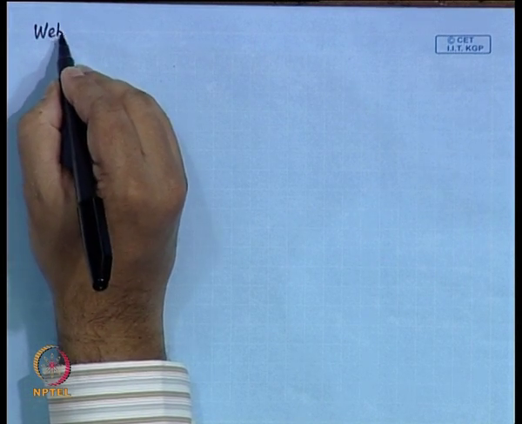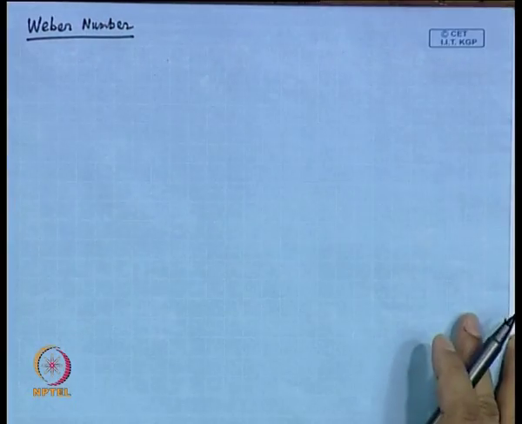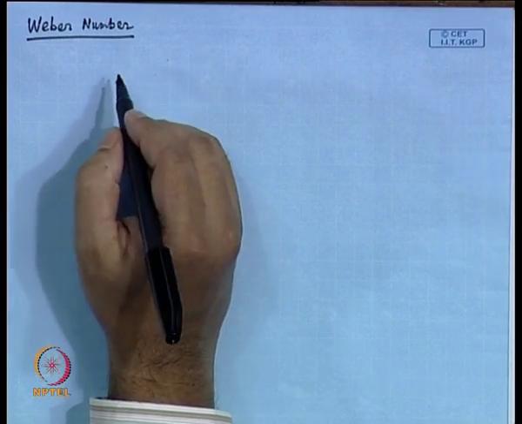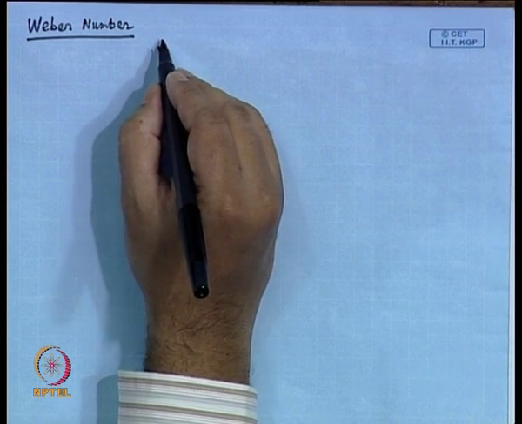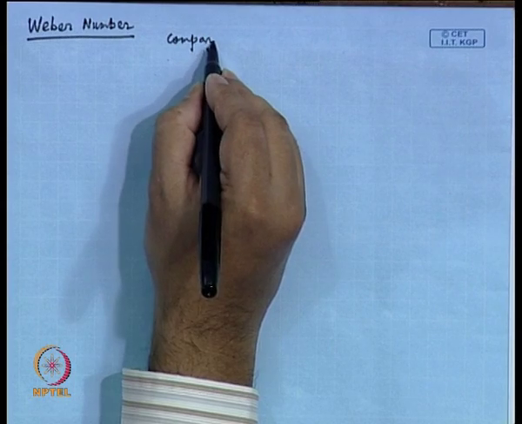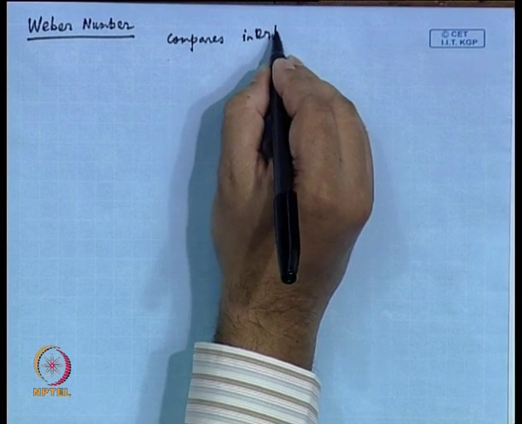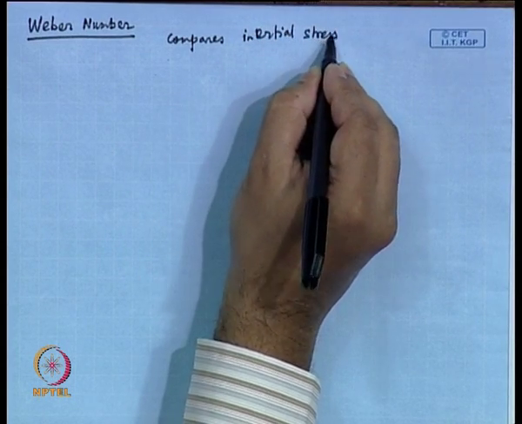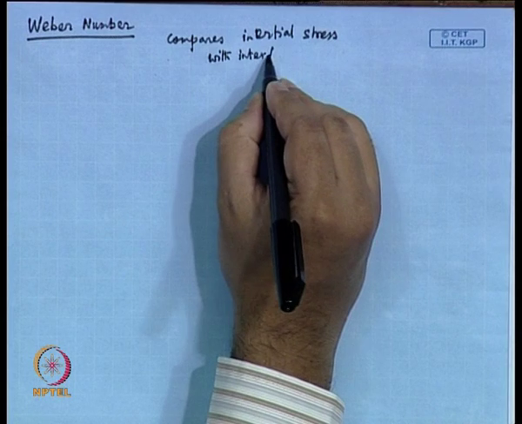Now, let us go to the next dimensionless number, which we called Weber number. Weber number, first of all, compares inertial stress with interfacial stress.